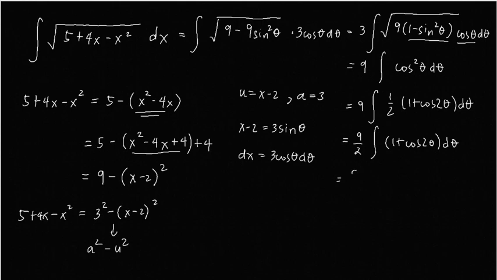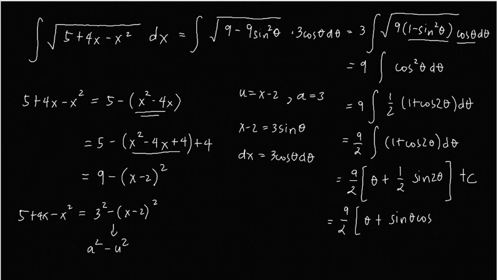So this is 9/2 of theta plus 1/2 sine of 2 theta plus c. And remember that sine of 2 theta is 2 sine theta cosine of theta. So this can be simplified as theta plus sine of theta cosine of theta plus c.